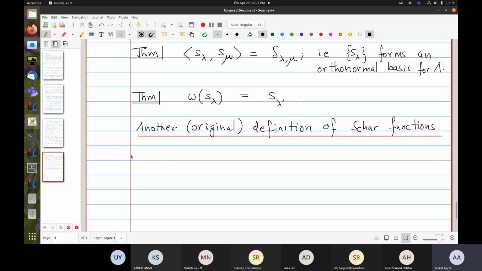So now we will fix the number of variables. We will fix n variables x1 up to xn.